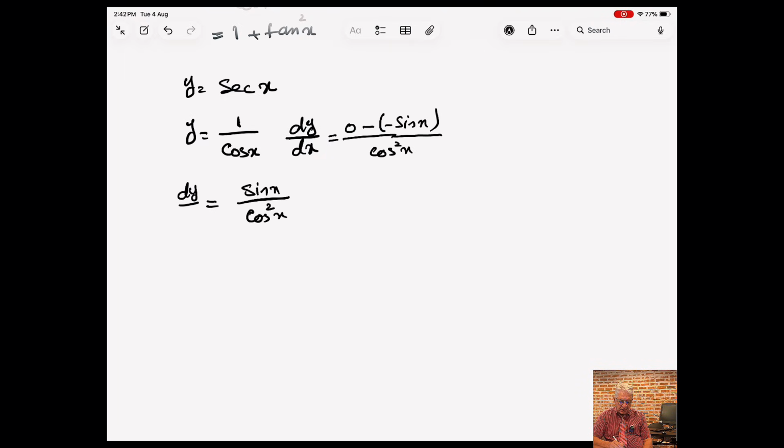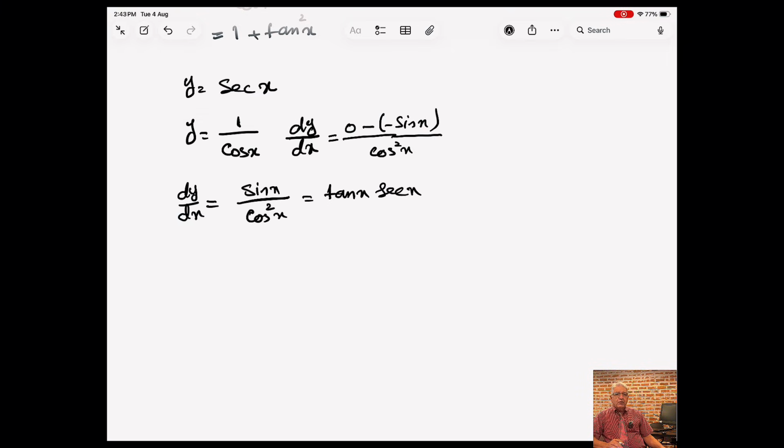Now this you can write in a different format. You can write sine divided by cos, which is tan x. 1 cos in the denominator will remain, which is sec x. Therefore tan x sec x is another format of writing this. That is a different way of writing the same thing.